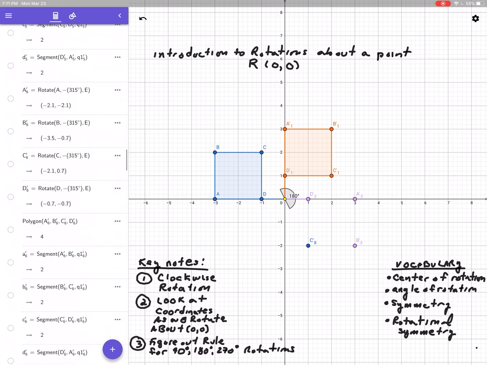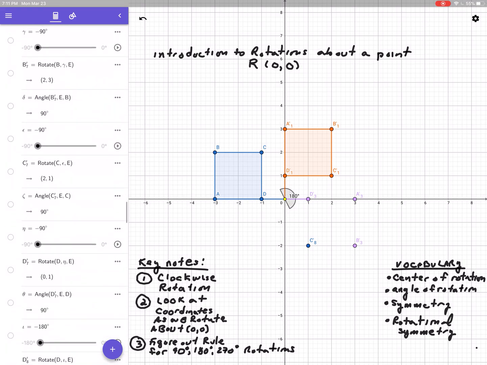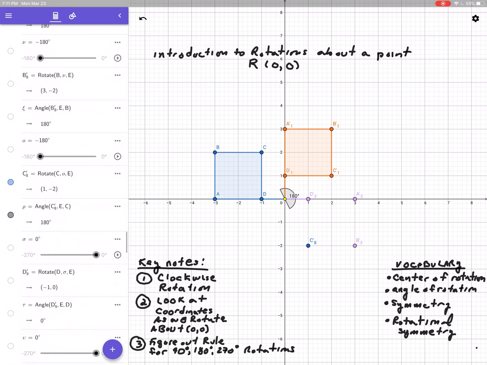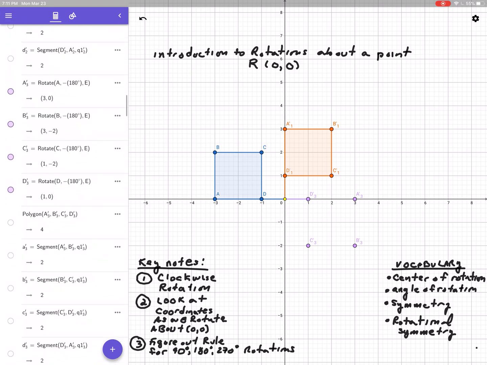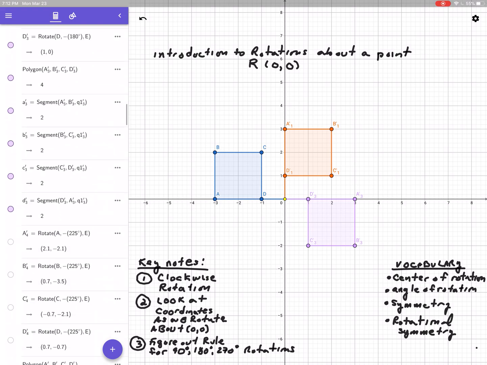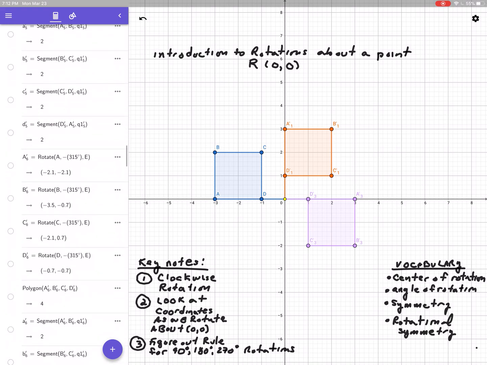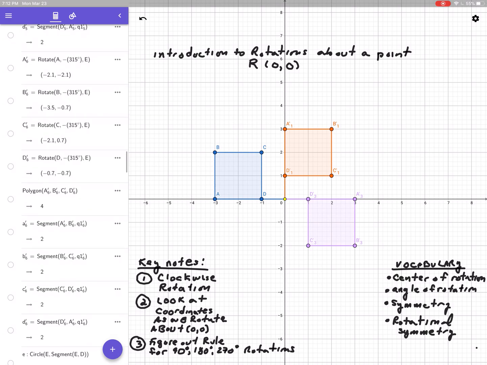Okay, I'll remove that and make the polygon. And now we have a rotation of 180 degrees clockwise of the original polygon ABCD, or the pre-image.